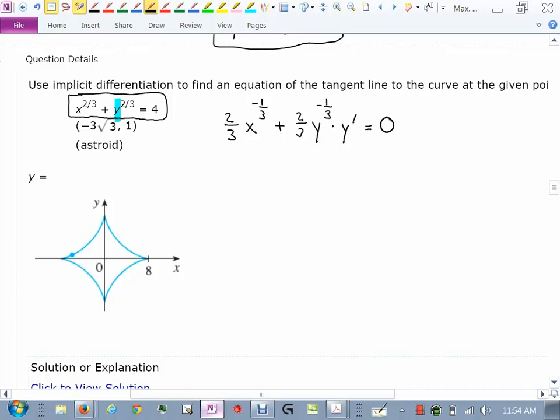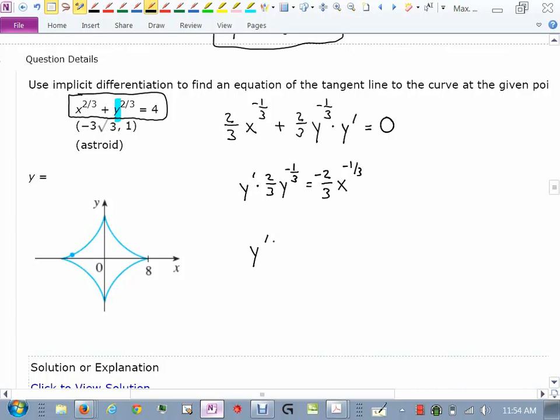So now I will isolate the y prime term. That means I'm going to move the x term to the other side, which makes it a negative 2/3 x to the negative 1/3. And then I will divide both sides.